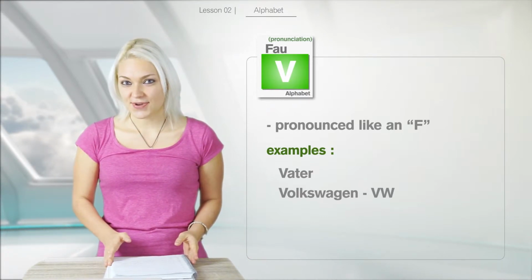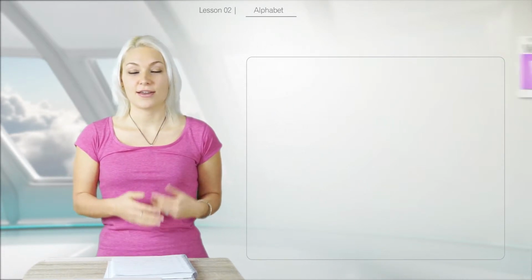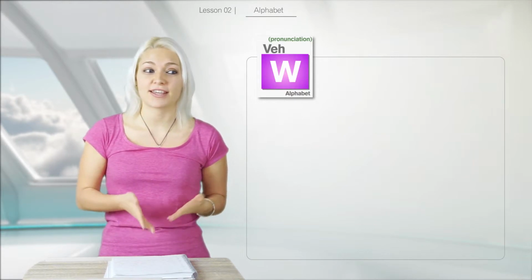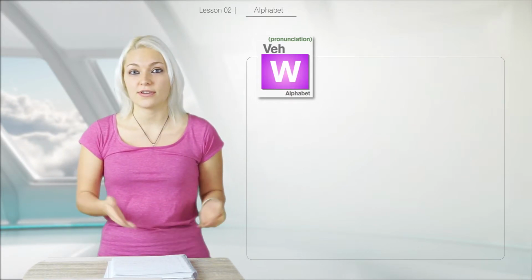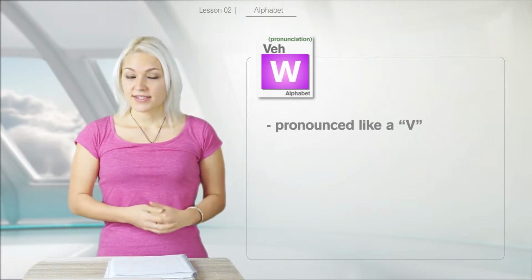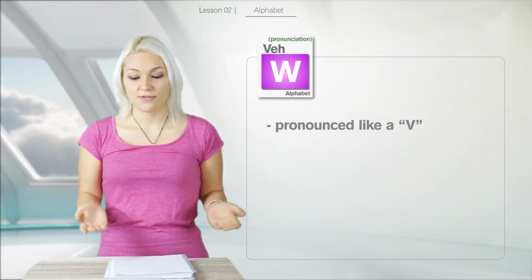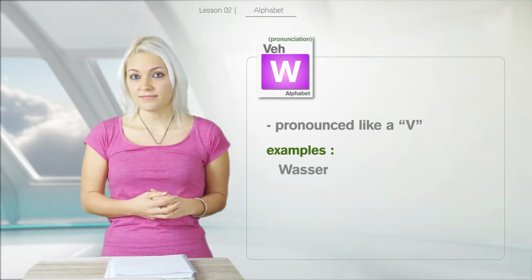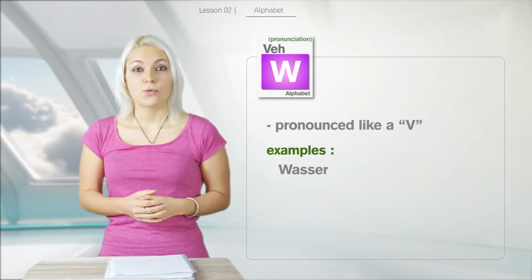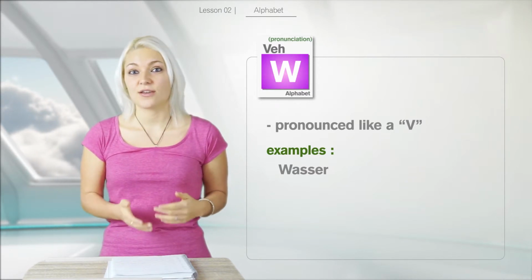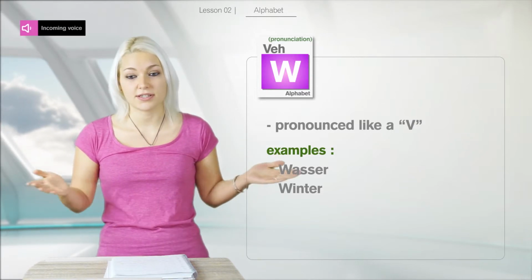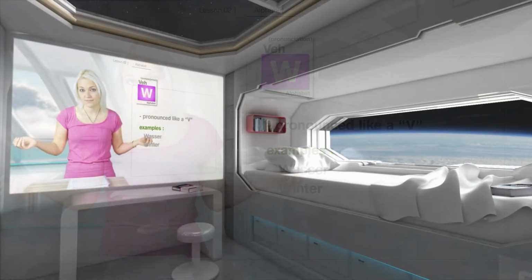Which also brings us to our next letter, the W. Because this is the one we pronounce like you, in English, pronounce your V. So, without exceptions, our W is pronounced V, as in Wasser, water, or winter in German is Winter. So it's written in exactly the same way as you can see, but we pronounce the W differently.